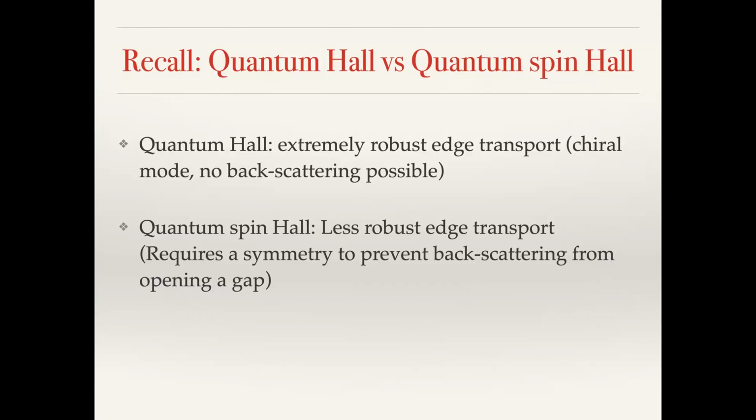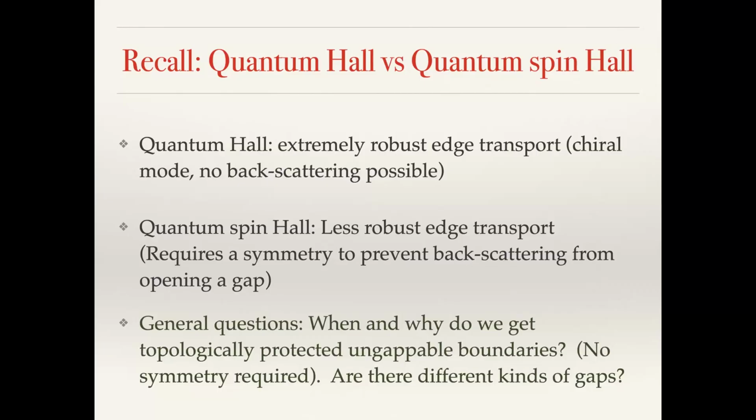And Joel also told us about quantum spin Hall states, where you have these counter-propagating edge modes, and they're still protected, but backscattering is prevented only by a symmetry. Okay. So you can ask, well, now I have this whole family of purported quantum Hall states that I could write down.